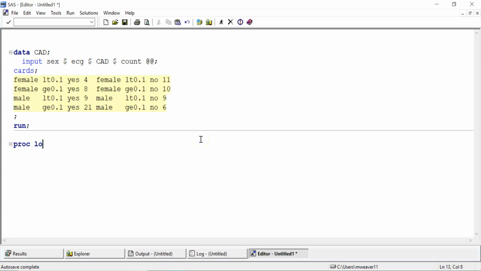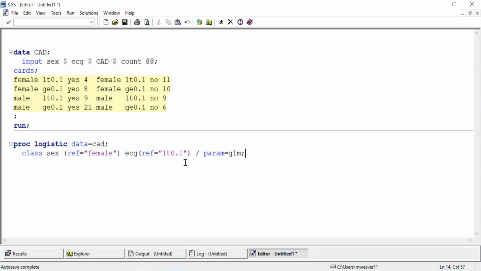And I'm going to run proc logistic data equals CAD. Class sex reference equals female. I'm going to make female the 0 level. And ECG reference equals, and here I'm going to make the lower value the reference level. So I'm just copying and pasting from the data set. And again, we have to say param equals GLM.